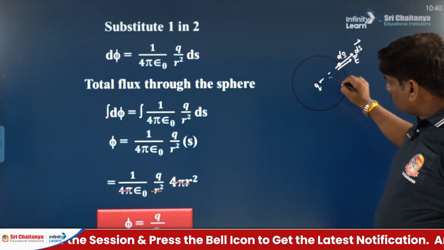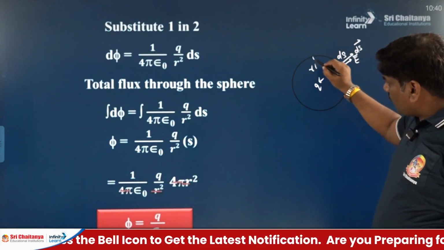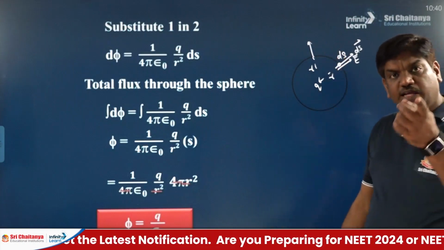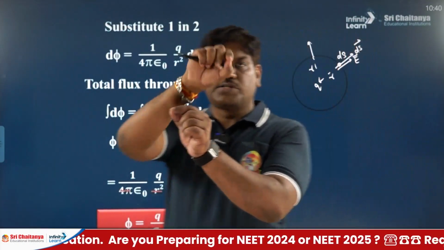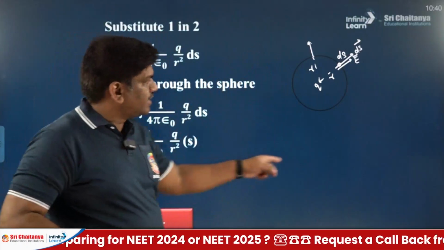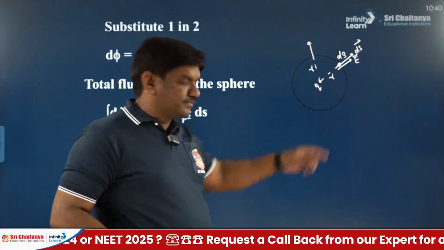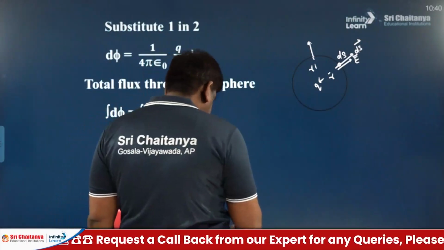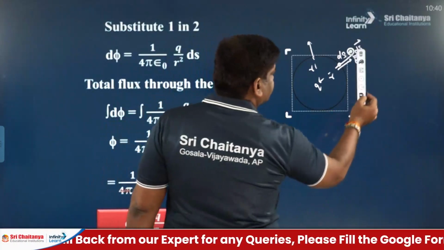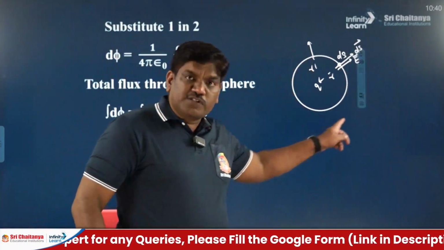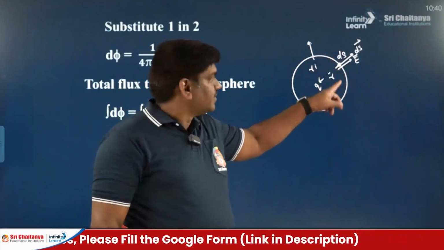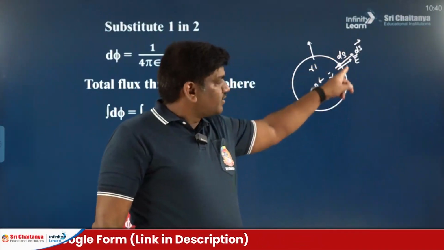As we have chosen this surface as spherical, at every point you will find the same field E. That means at every point the distance r is the same as far as this sphere is concerned. At all points of this sphere, you will find the same field, so the field is the same as r is not changing.